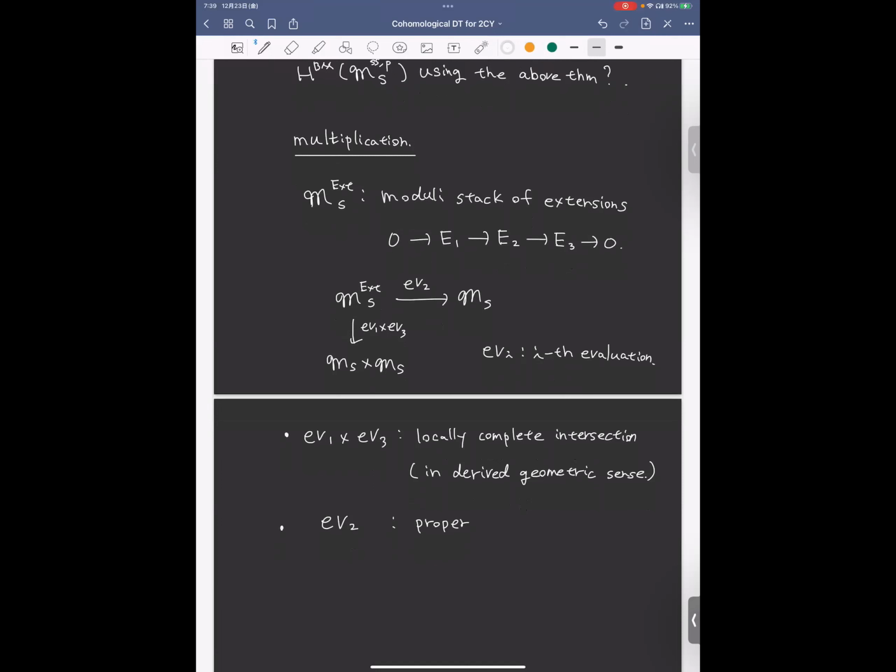So we can define the multiplication on the Borel-Moore homology group as follows. We first consider the Borel-Moore homology group of M of S, tensoring with its copy, and we have the refined Gysin pullback along the vertical morphism.